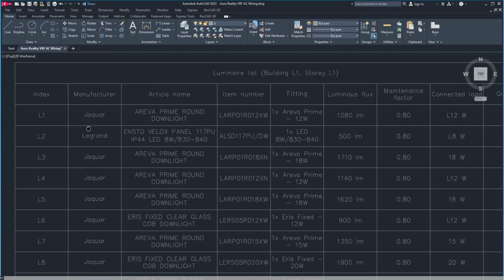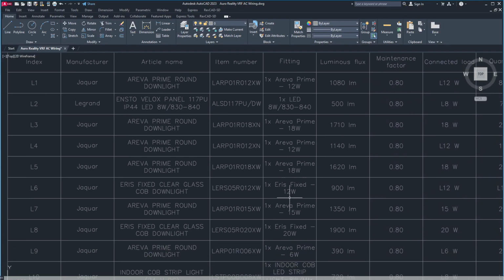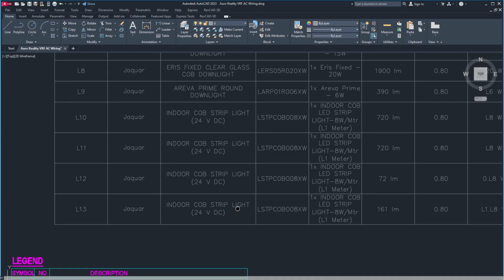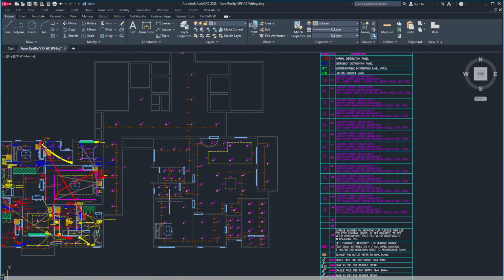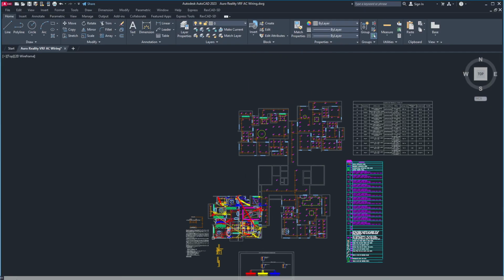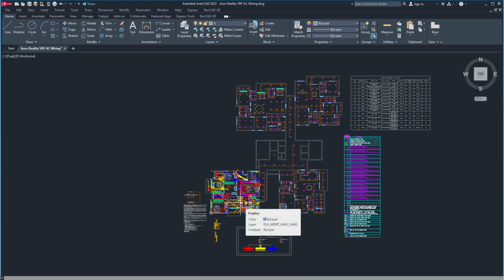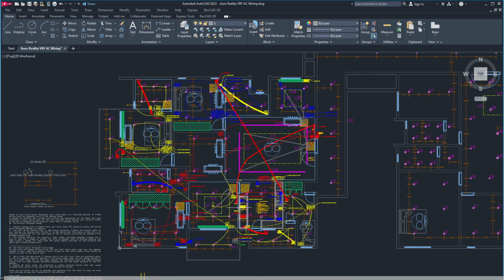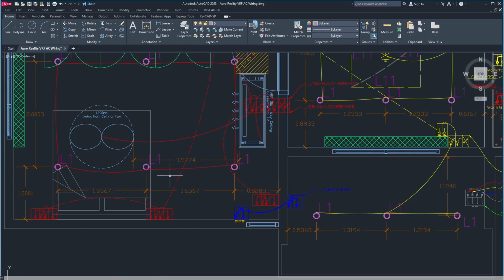This is L1, and these are the codes for the lights. So we have finished wiring this house. This is highly detailed work, purely engineering work. This is not some random work where some electrician comes and pulls a wire. This is a highly technical thing.